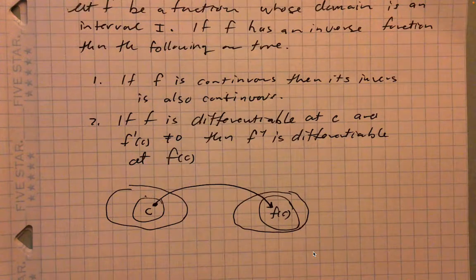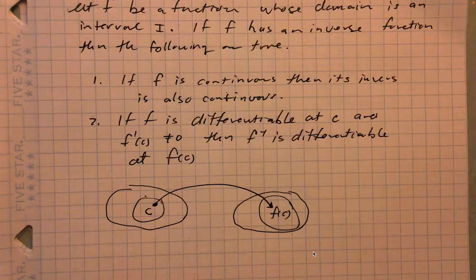So basically, if you have a function f, and f is differentiable, then it's likely that its inverse, if it has an inverse, is differentiable as well. And it's likely that the derivative is going to inherit that from f.